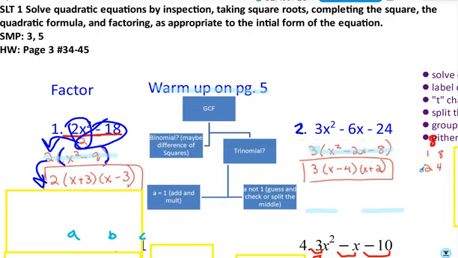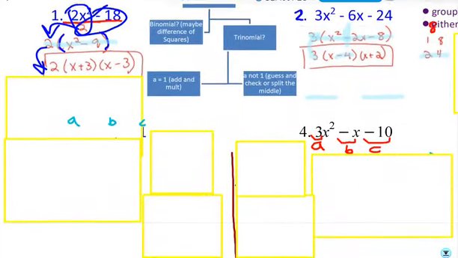Well, those numbers are 2 and 4, and if your term in the middle is negative, that means the larger number out of the factors of negative 8 is the one that needs to be negative. Again, the 3 is in front of your parentheses, and your factors are x minus 4, x plus 2. That's number 2 fully factored.